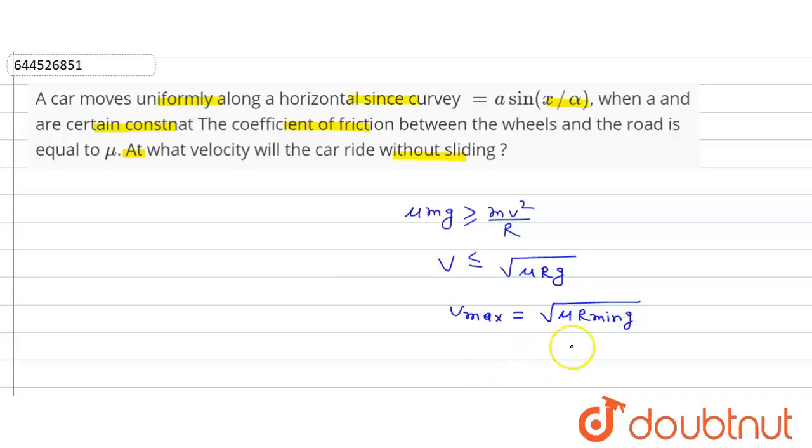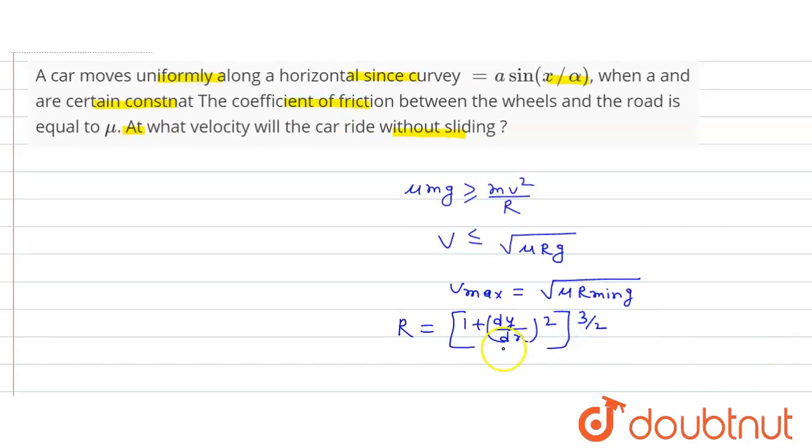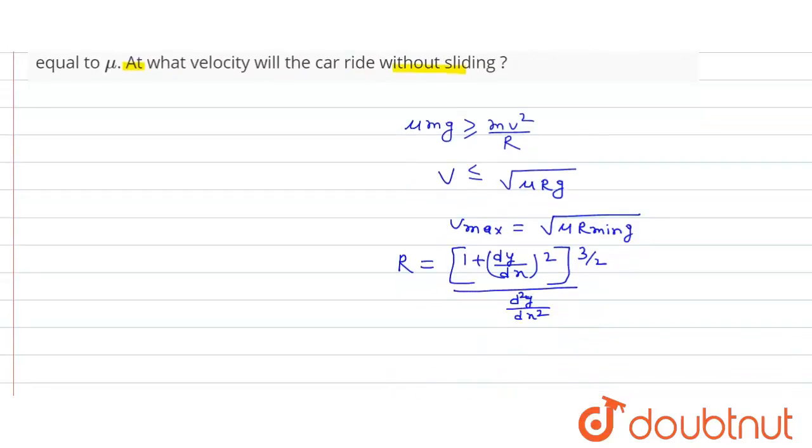We know that the radius of curvature for the curve at any point x, y is r equal to (1 + (dy/dx)^2) to the power 3/2 upon d2y/dx^2.